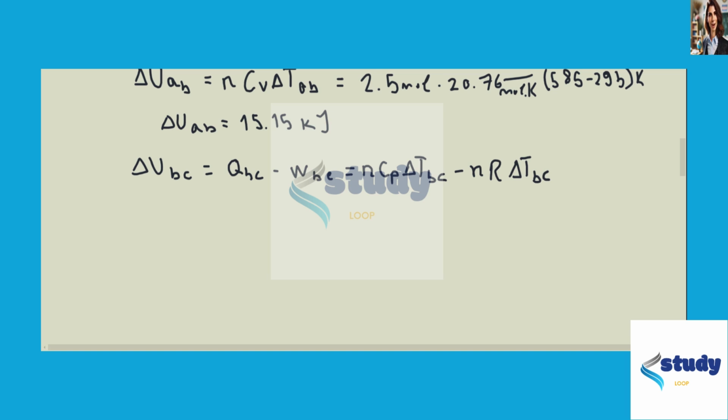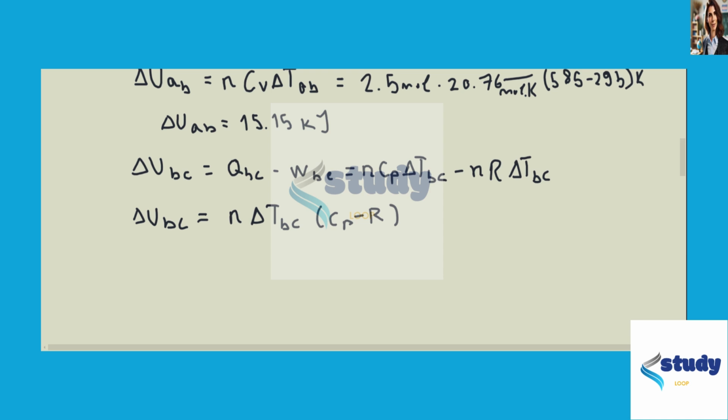So we can write this down as N times delta T BC, which is the common part for the terms, and then we will have Cp minus R.